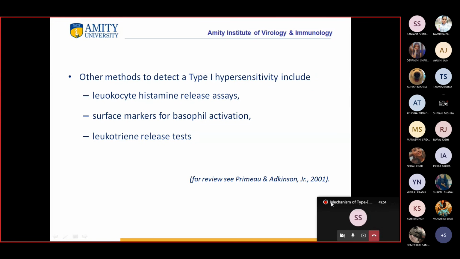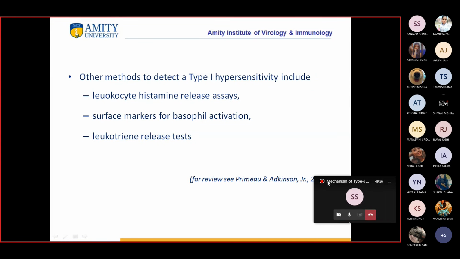Okay, so I have taken this from one of the review articles, and it says other methods to detect type 1 hypersensitivity reaction include the leukocyte histamine release assay. So basically in this test we are looking for the histamine release.